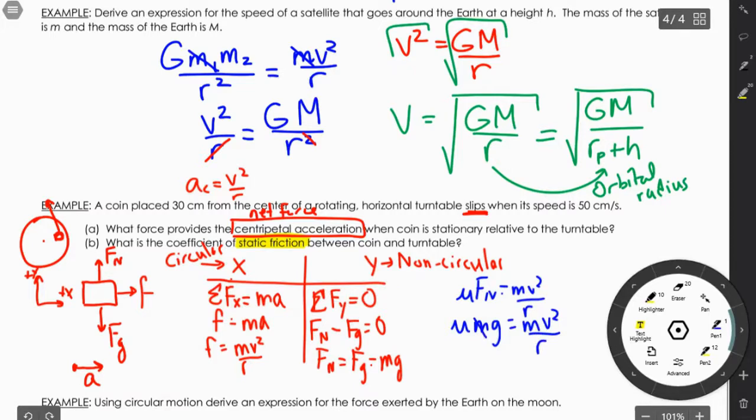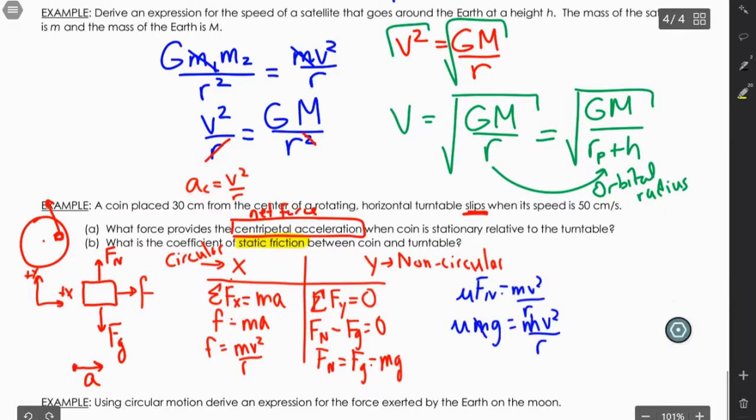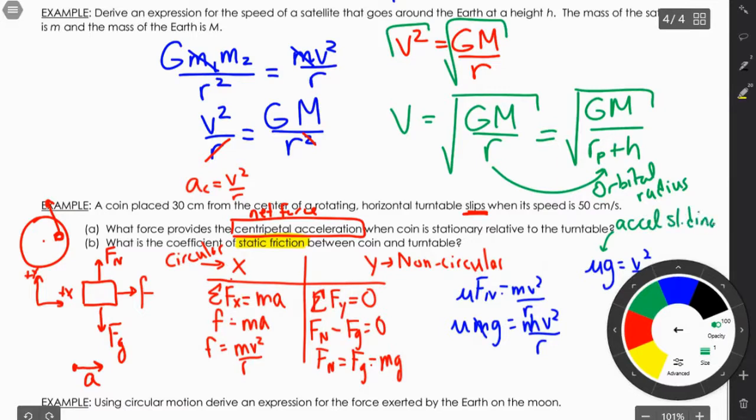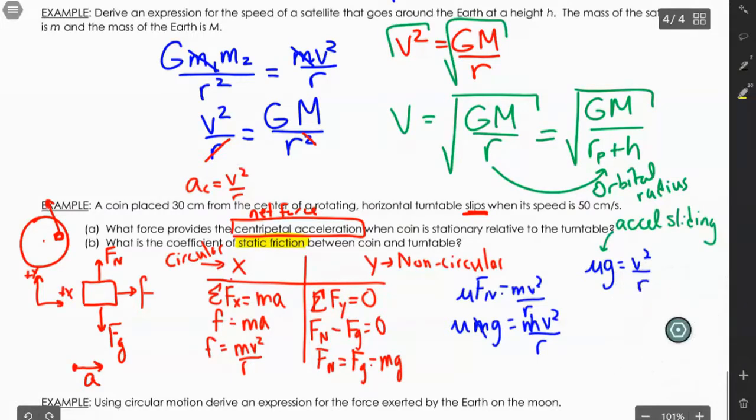So masses cancel, and you've got mu g equals v squared over r. If you remember when we did Newton's laws, we talked about acceleration of a sliding object. Well, there it is right there: acceleration of a sliding object is mu g. But what we're solving for here is the coefficient, so we end up with mu equals v squared over gr.